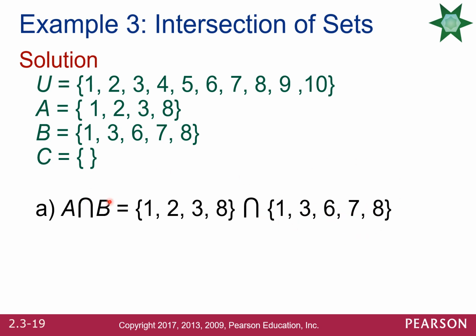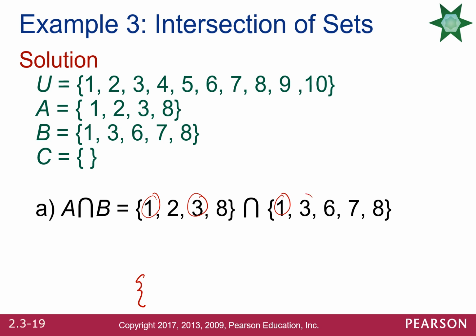So remember, intersection means the common elements in both sets. So if that were the case, then we should come up with all the common elements. So let's circle all the common elements. 1 and 2 is not common to both, but 3.